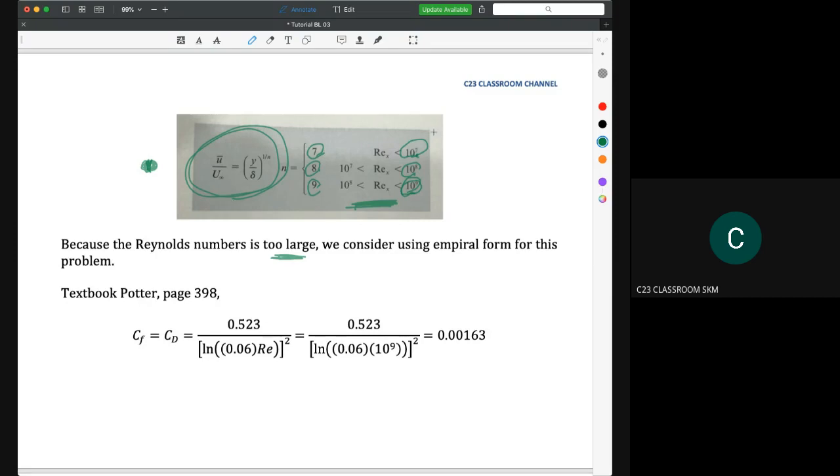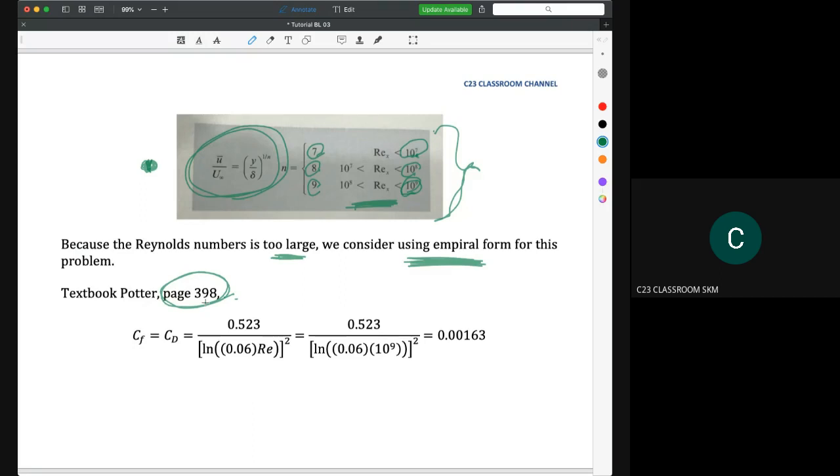Because the range here is very large, I consider solving this problem using the empirical form. You may see textbook page 398. We also discussed this in previous notes and in the previous lecture.